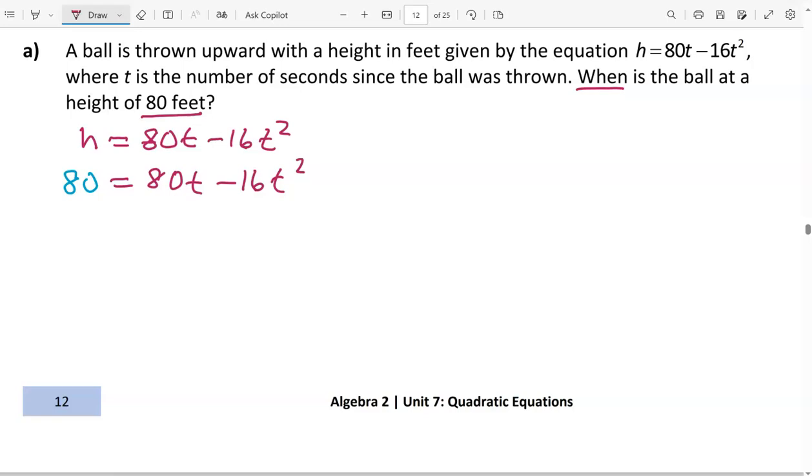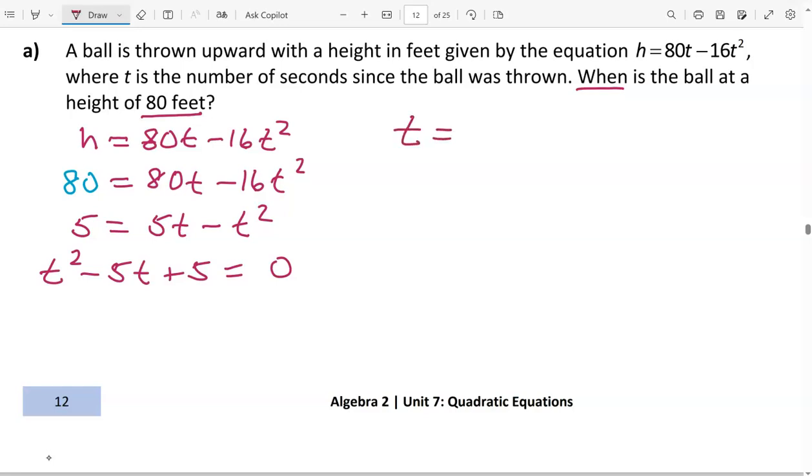So I'm going to simplify things a little bit for myself. Just in terms of working with the numbers, I'm going to divide everything by 16. If I divide by 16, we get 5 is equal to 5 times t minus t squared. And then I'm going to add t squared, subtract 5t, and keep 5 where it was. And then we can use the quadratic formula in order to solve.